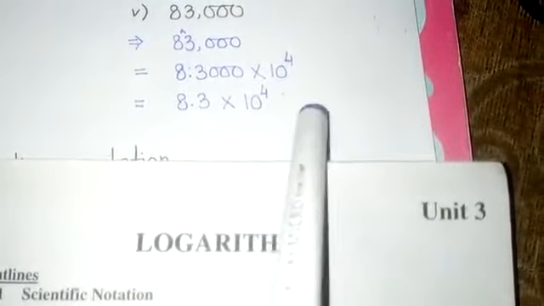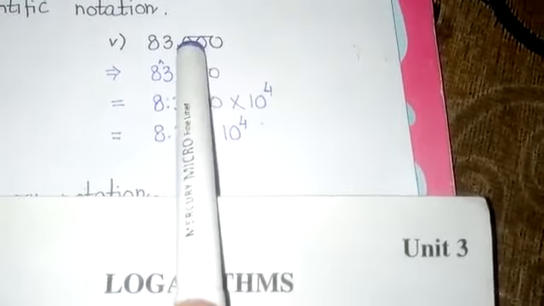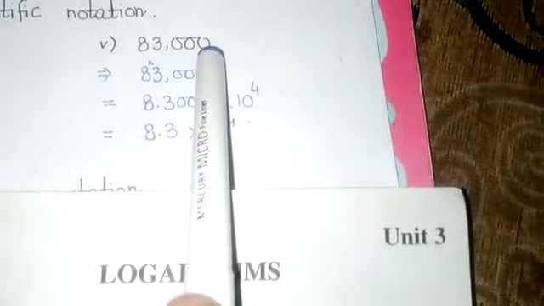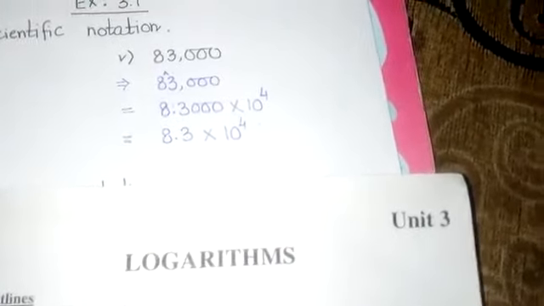For example, this is the form of scientific notation. When we write a number in this form, it is called scientific notation. And when we write the number in the simple form, it is called common, ordinary notation. Clear? So today we will start with exercise 3.1.